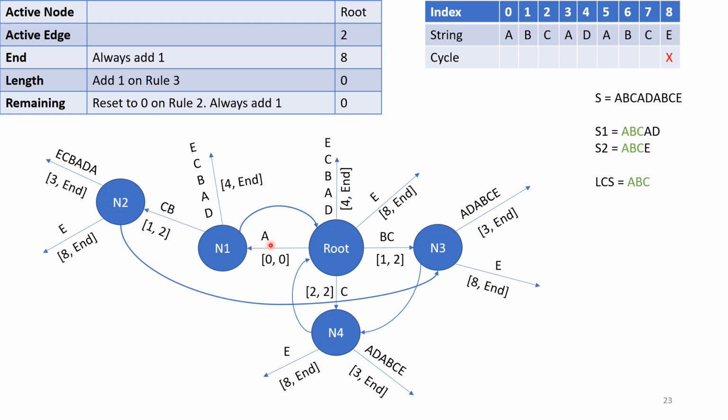And the sequence is ABC. Therefore, we have checked all of them. ABC was the longest one. So that must be the longest common subsequence that we were looking for. And that's it. That concludes the algorithm. This is how you find the longest common subsequence using suffix trees and construct them in linear time. Thank you.